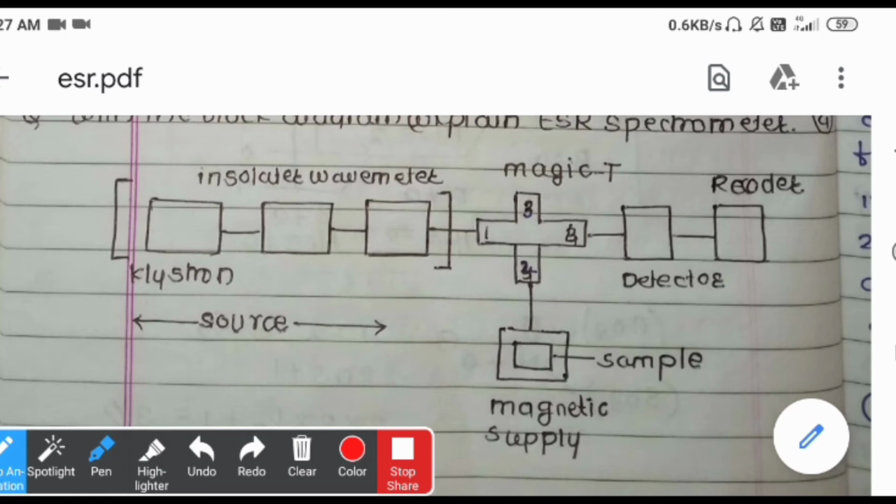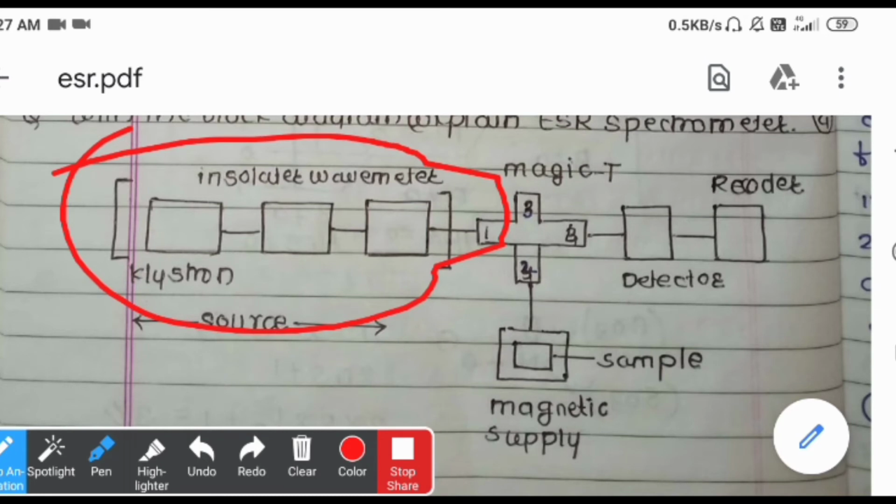In that block diagram, we have various parts or components. One is the klystron source. I think all of these things are already seen in the previous videos.